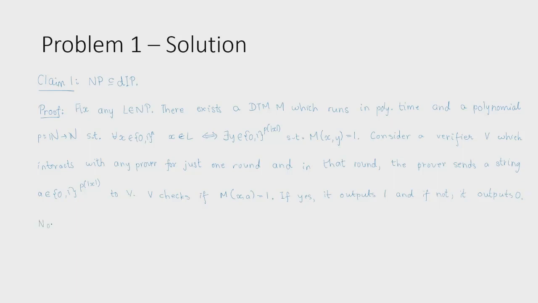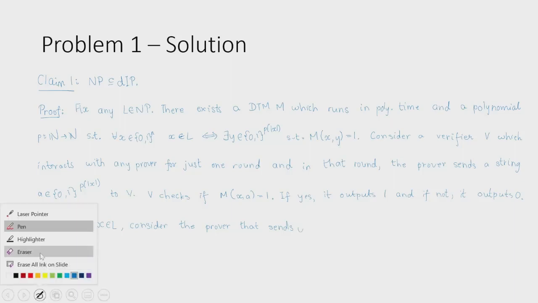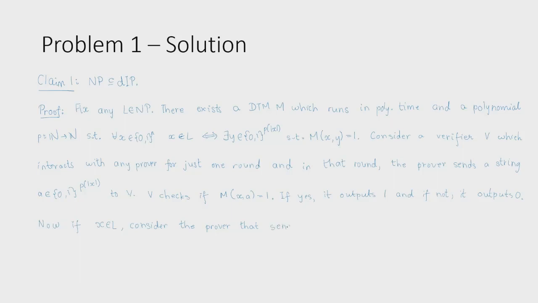Now, if X is in L, just consider the prover that sends Y. Okay, so A equals Y. Then V's output after interacting with P on input X is just M(X, Y), right?